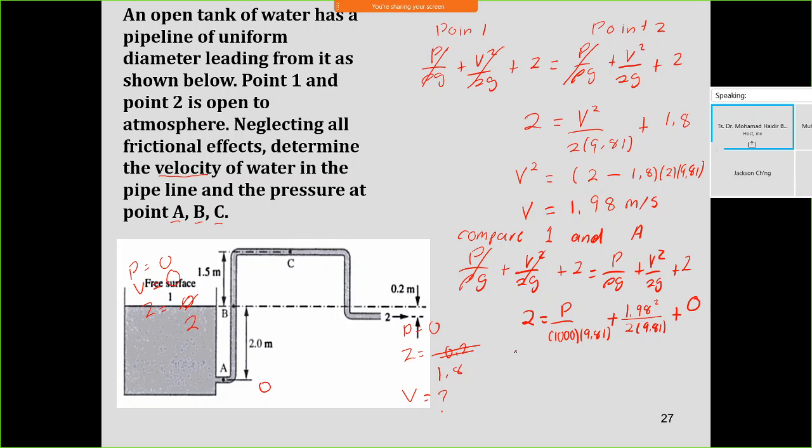So you can get the pressure at point A in Pascal unit.